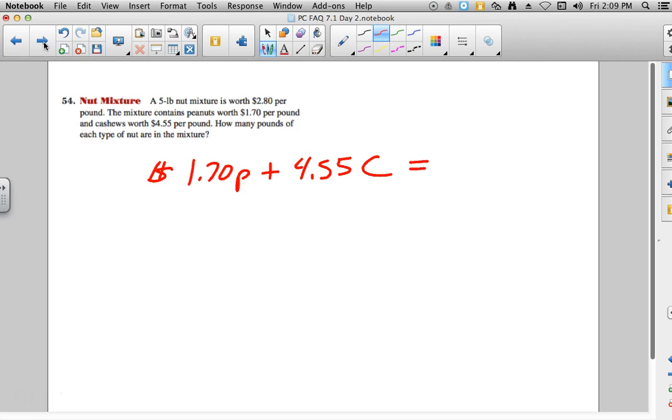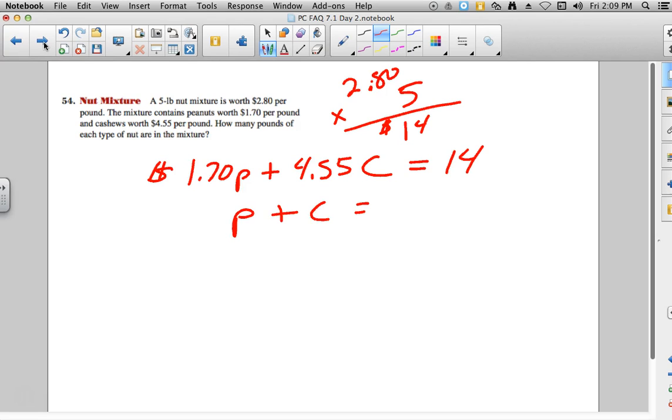Now, you have to figure out how much that 5-pound nut mixture would cost. Well, it's 5 pounds at $2.80. So you need to multiply those together and figure out that this is going to be $14 for those nuts. And we don't know how many pounds of each, but we know that the peanuts plus cashews has to come out to 5 pounds.